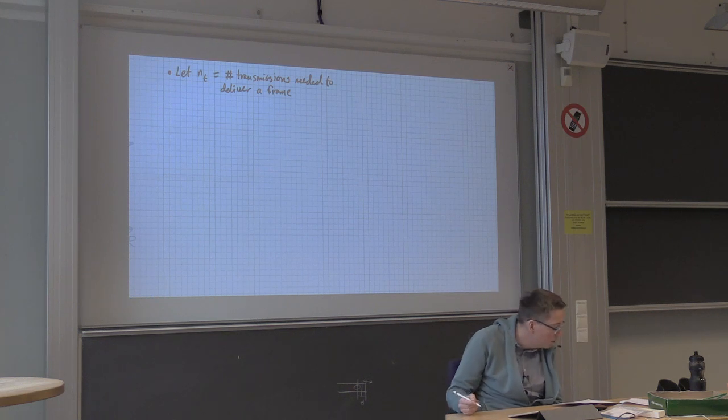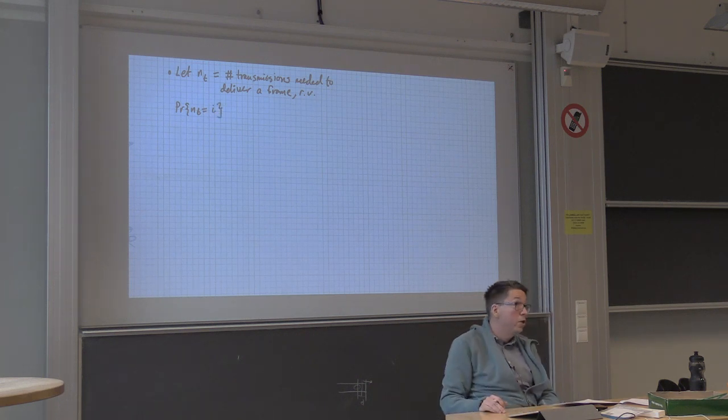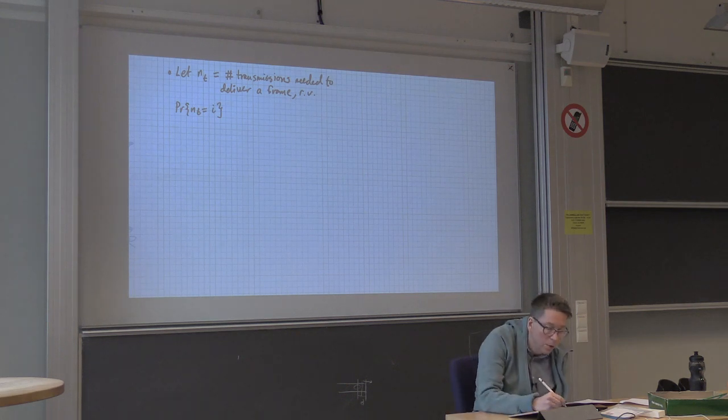So what is the probability for this? First of all, it's a random variable, right? So to specify that random variable, we calculate the probability that n_t takes on an integer value i.